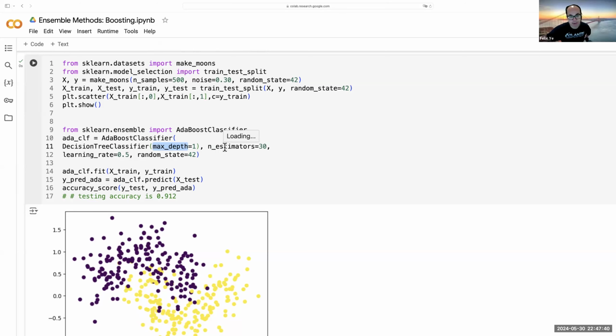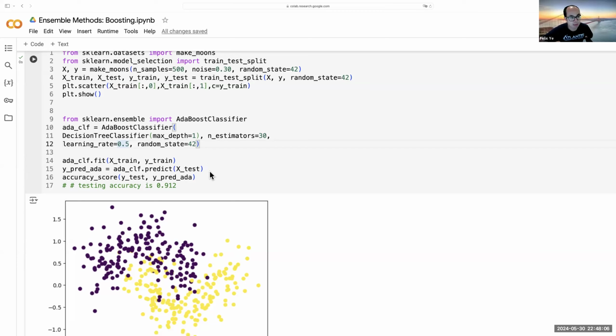So I'm going to set the number of estimators, which means I'm going to create 30 trees, T equal to 30. Then there's a learning rate, which you need to tweak, and it controls the proportion by which my weights change.